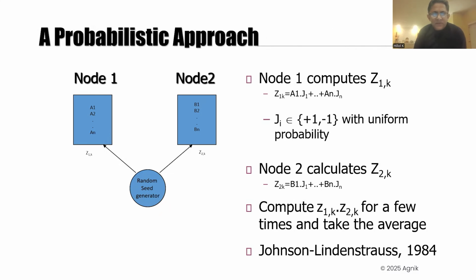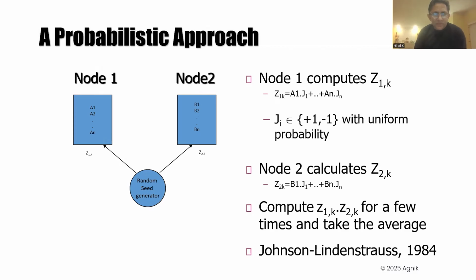Now let's consider an example of a probabilistic approach. You have these two nodes, node 1 and node 2. Just like the previous slide, node 1 has the column vector A1 through An, and node 2 has the column vector B1 through Bn. We want to compute the inner product in a communication efficient way.